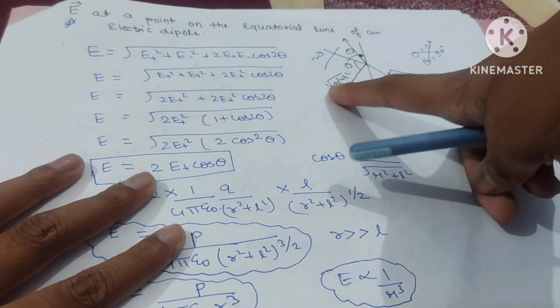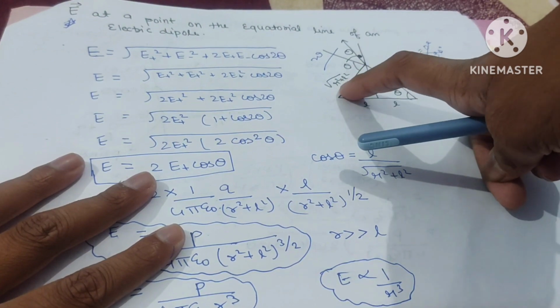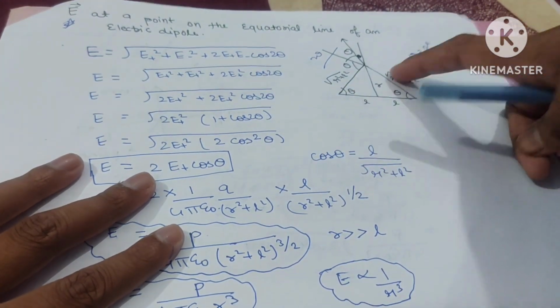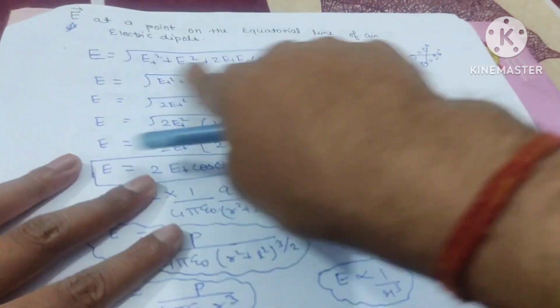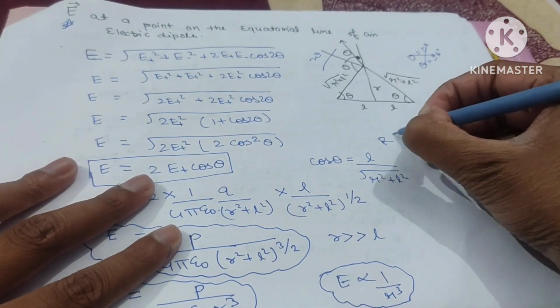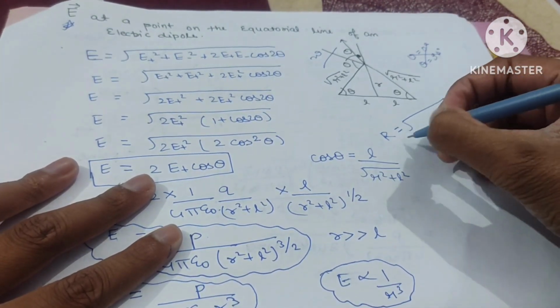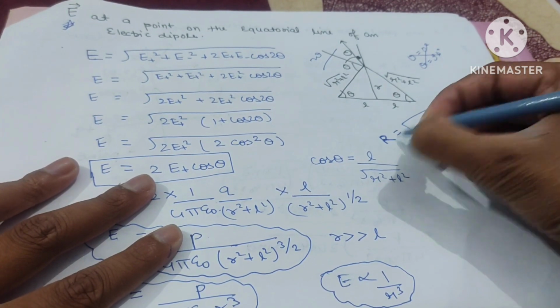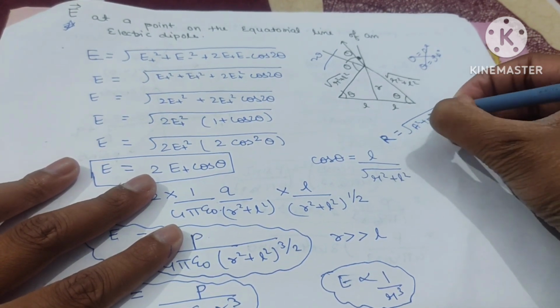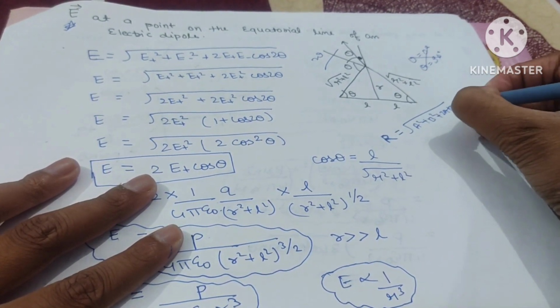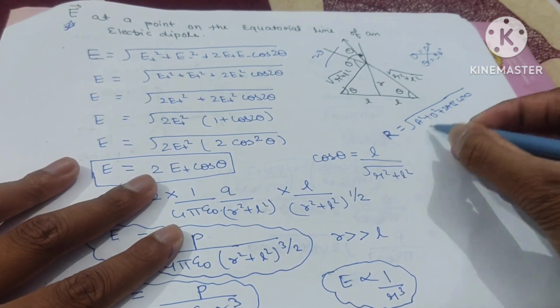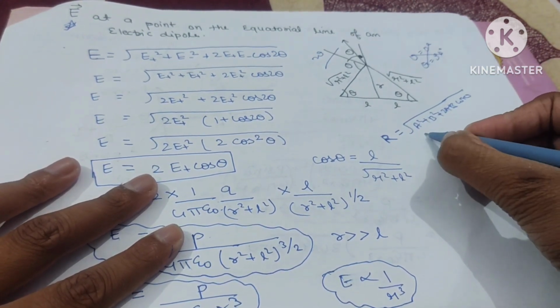Later I will explain. The hypotenuse will be the square root of r square plus l square in both directions, and we'll use these formulas. You know from class 11 the resultant formula: R is equal to the square root of a square plus b square plus 2ab cos theta. But here we'll take this in terms of electric field.